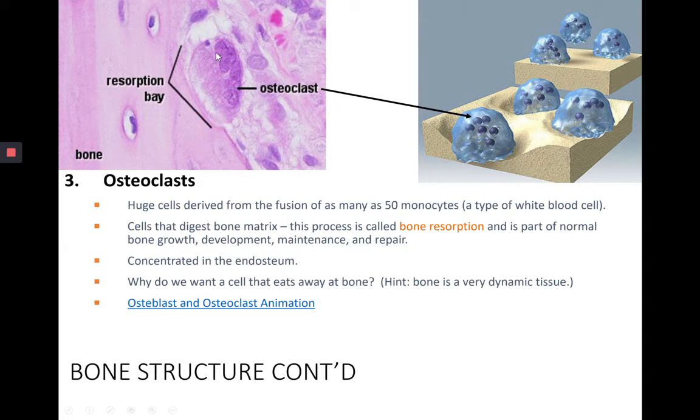And these cells are huge. They contain anywhere up to 50 monocytes, which is a type of white blood cell. If you'd like to see an animation, just Google osteoblast and osteoclast animation, and you can see the movement or the resorption process of these large cells. The reason you'd want to resorb bone is just for either bone growth and development or lifelong maintenance and repair.